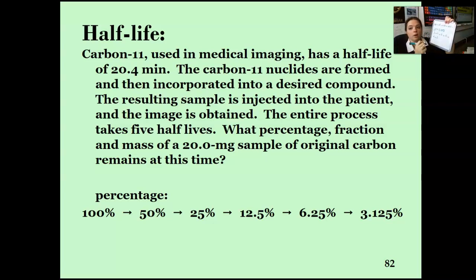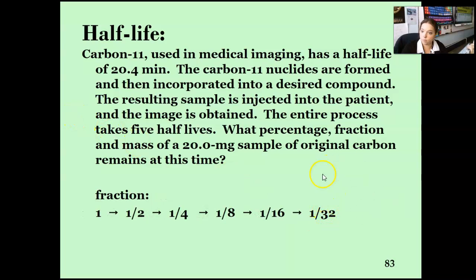On the bottom, anytime you see an arrow, multiply it by 2. So 2, 4, 8, 16, 32. I will be left with 1/32 fraction of that carbon-11. Let's see if I'm right. Yep, right there.